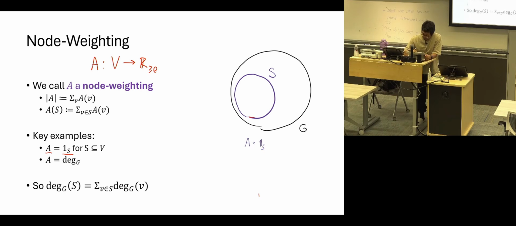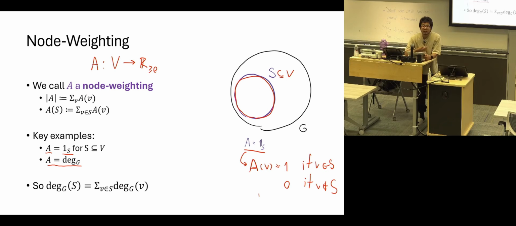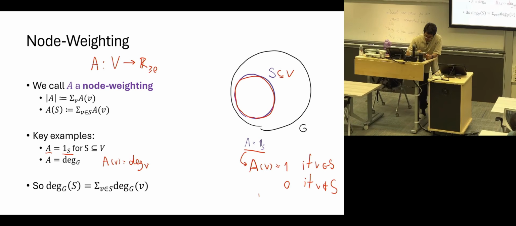If I have a set of nodes S, A could be an indicator vector, meaning that A of v is 1 if v is in S, and 0 if v is not in S. Or the node weighting can be the degree vector of the graph, which means that A of v is just the degree of v for all v.